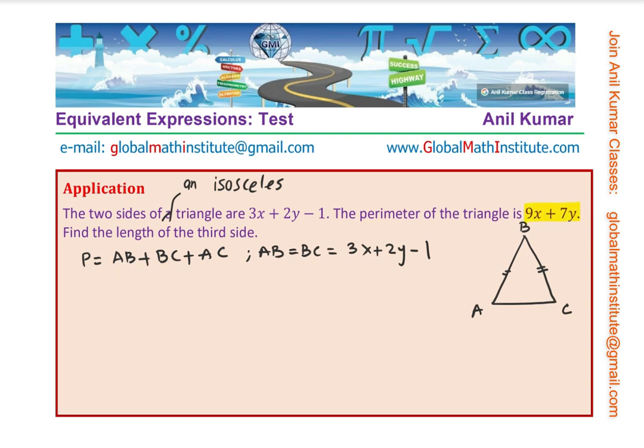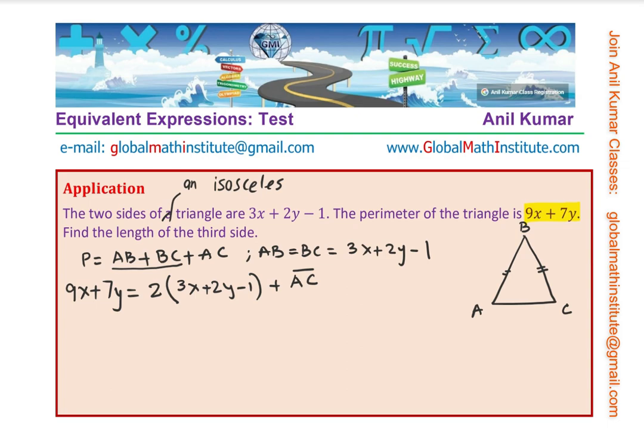So we can now write down the equation. So perimeter is 9x plus 7y, and that is equal to AB plus BC, which is 2 times one thing, right? So 2 times 3x plus 2y minus 1, plus AC. We don't know what AC is. We have to find the length of this side. Is it clear to you, right?